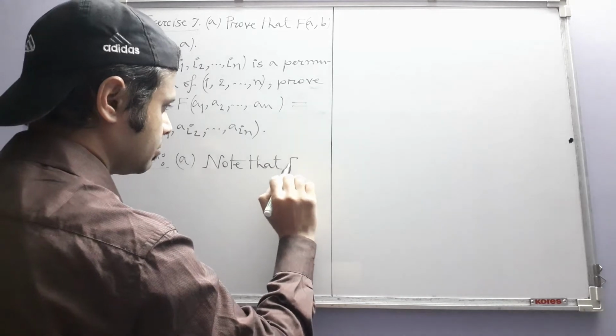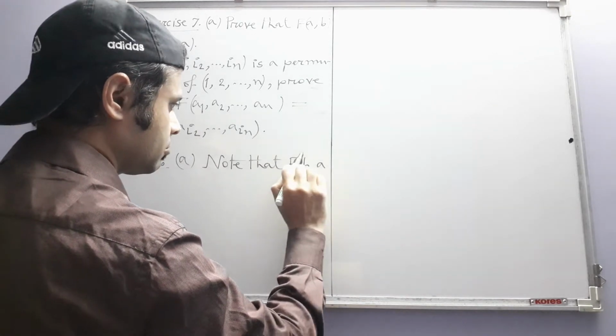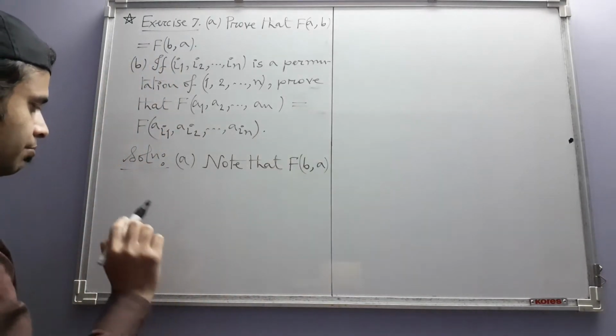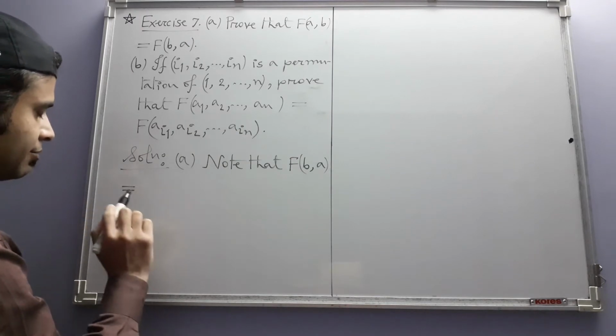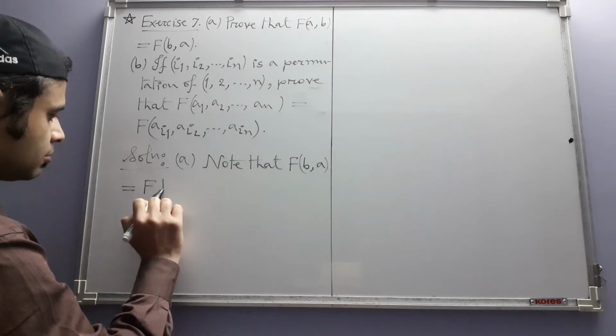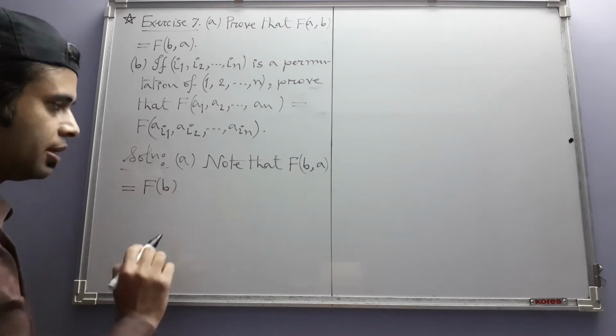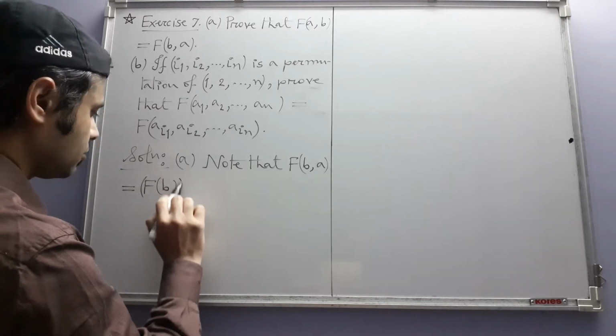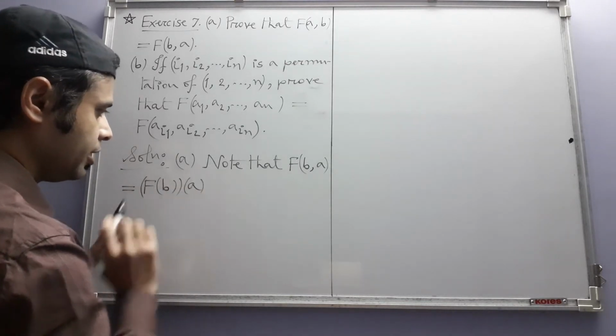Note that the field F(B, A), by definition, is the extension of the field F(B) obtained by adjoining A to it.